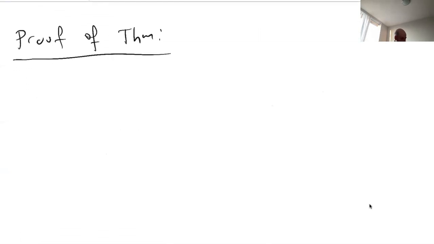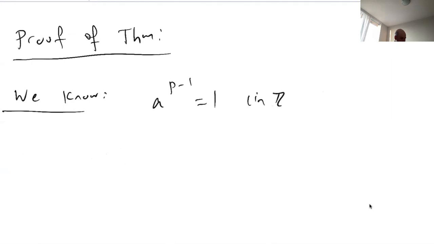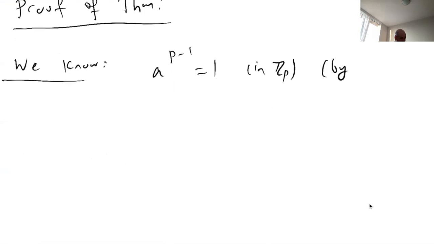Okay, what do we know? We know that a to the power p minus 1 equals 1 in Z_p by Fermat's little theorem. Fermat's little theorem said that a to the power p minus 1 is 1.